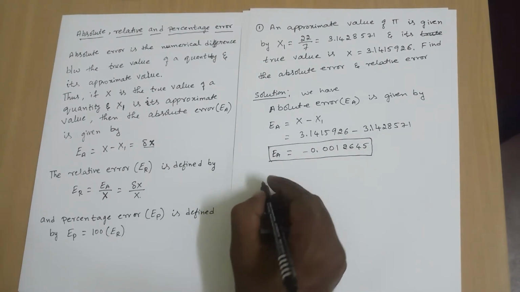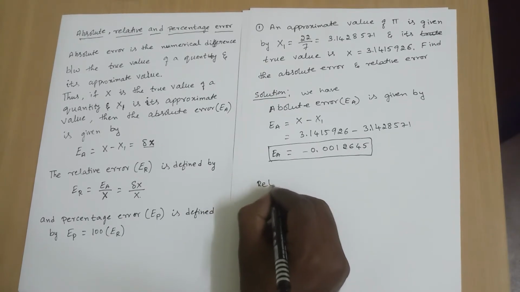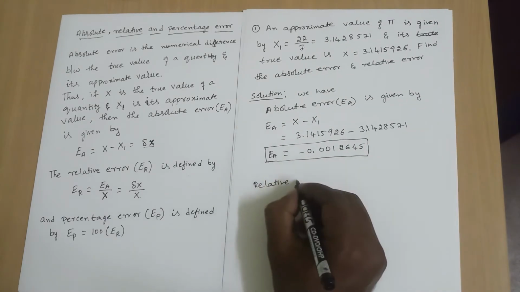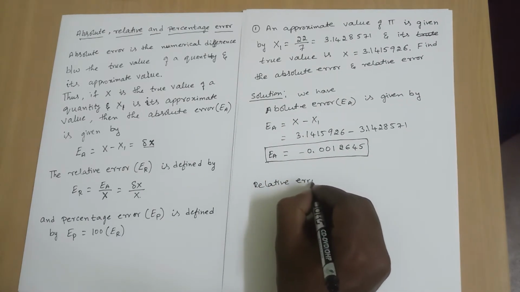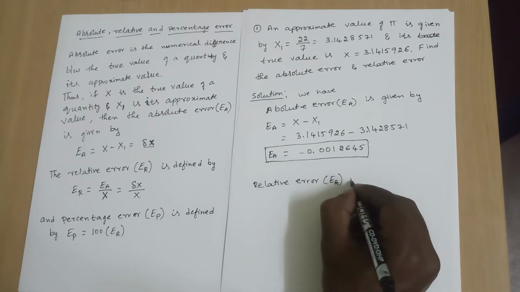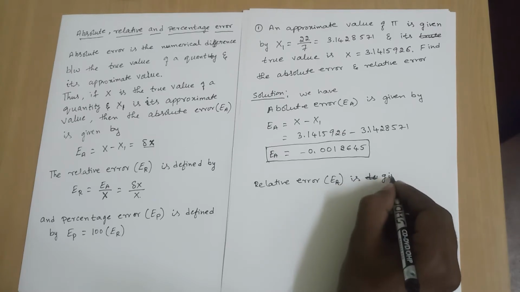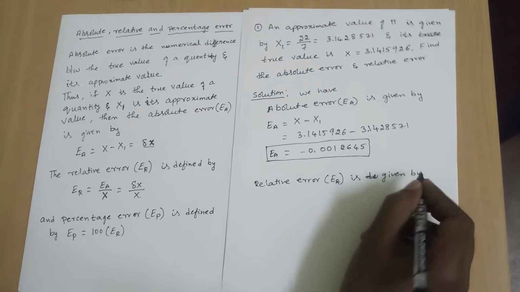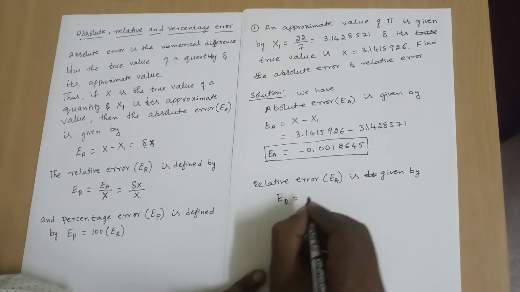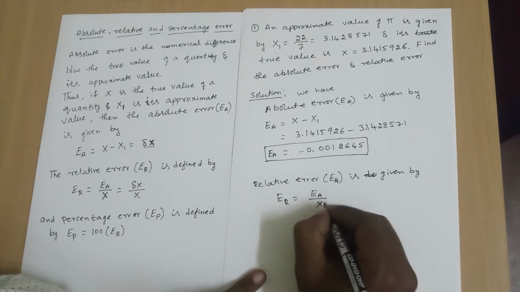Now here, what do you get? Relative error. So relative error, that is E of R, is given by ER equals EA divided by capital X. So what is EA?